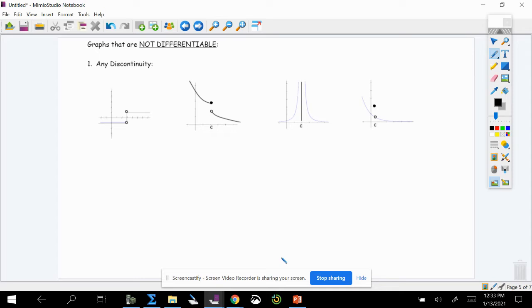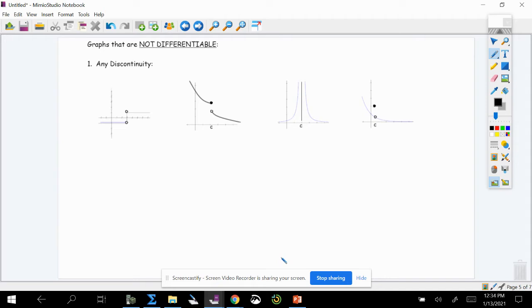I'm going to spend a little bit of time on each category, talk about what you're looking for and why it's not differentiable. The first category of spots on a graph that are not differentiable is anywhere you see a discontinuity. That discontinuity could look a lot of different ways. It could look like these first two pictures, which I call a gap or a jump in the function. I've seen some AP books call them jump discontinuities.